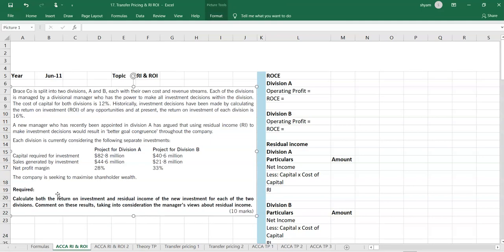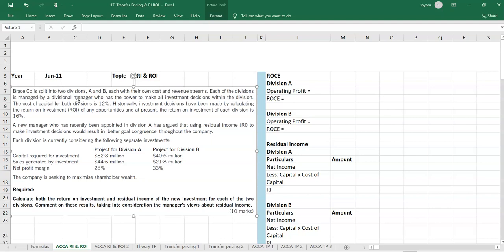The required is: calculate both the return on investment and residual income of the new investment for each of the two divisions. Comment on these results taking into consideration the manager's view about residual income. So we first have to calculate it, and then find out whether the manager's view is correct or not. It's a 10 marks question. Let's start.